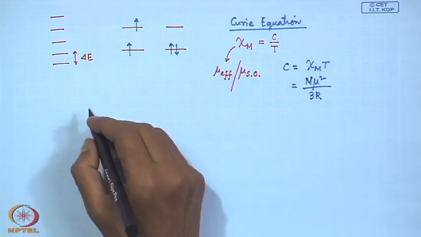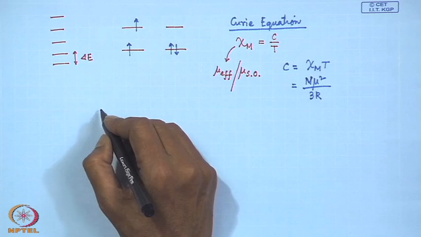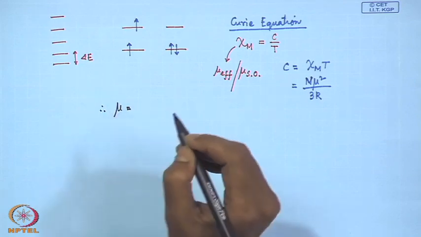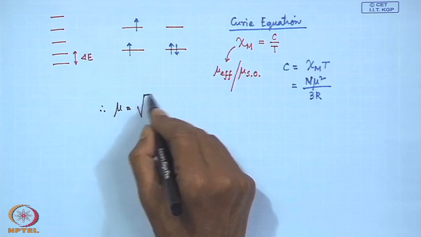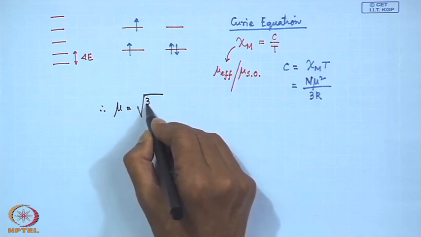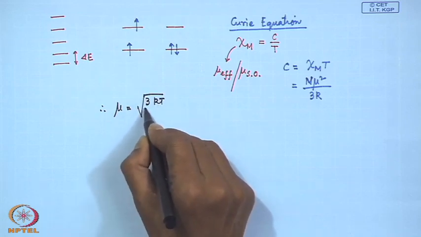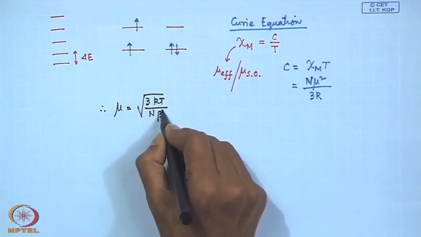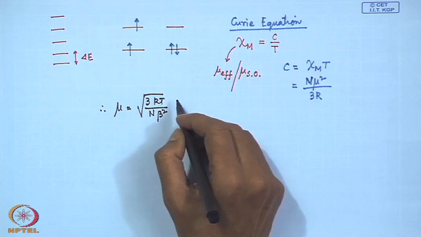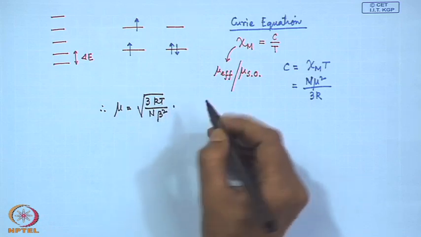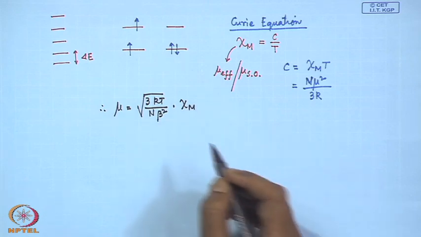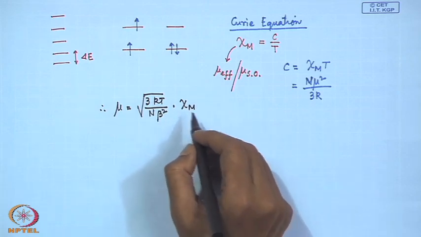This relationship therefore gives us the mu values, which are nothing but root over 3kT by N beta square in terms of the Bohr magneton.